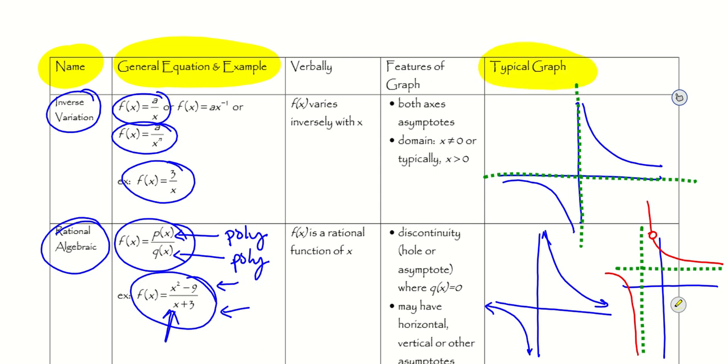So if I give you the name of a function, you should be able to match it with its graph or its equation. If I give you an equation, you should be able to give me its name and the typical graph. If I give you a graph, you should be able to give me its name and the general equation. So this ends part 1 of our Unit 1-2 notes.